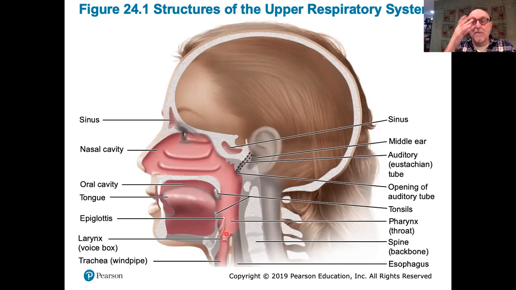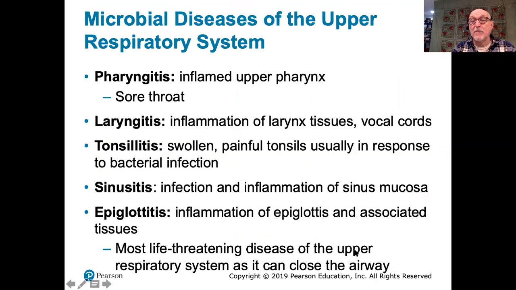This is now something which is very carefully watched for, and it's vigorously treated with antibiotics, because it's an extremely dangerous and in fact emergency situation if a child develops epiglottitis.